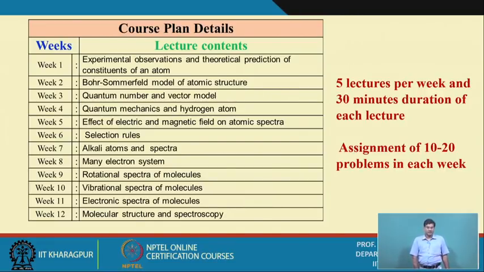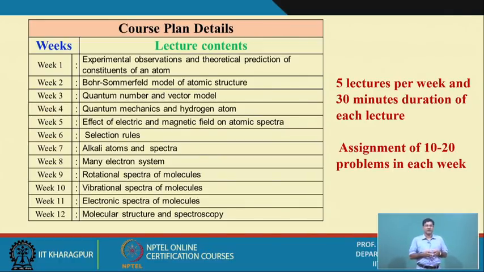So, we have divided this course content into 12 weeks. Week wise I have given the list where you can see that in week 1, we will cover the experimental observation and theoretical prediction of constituents of an atom, basically the historical background of the development of the subject.